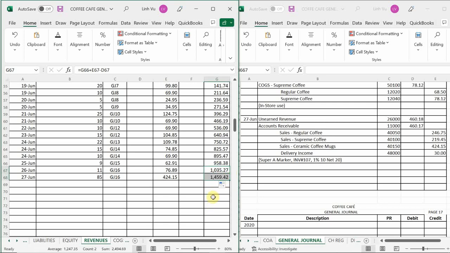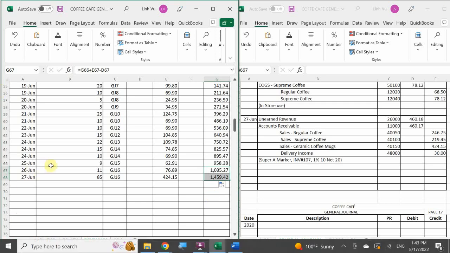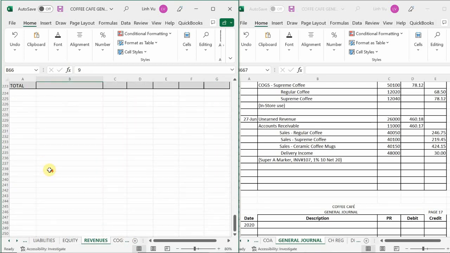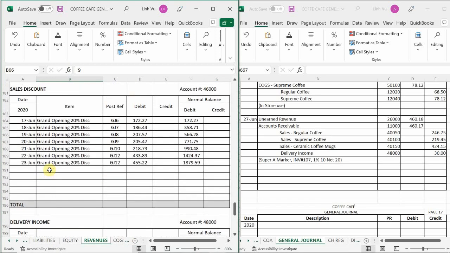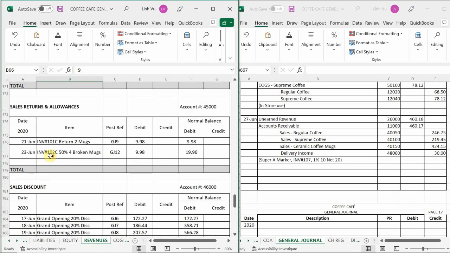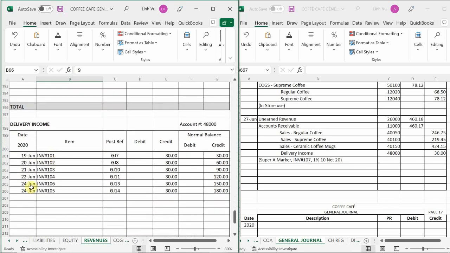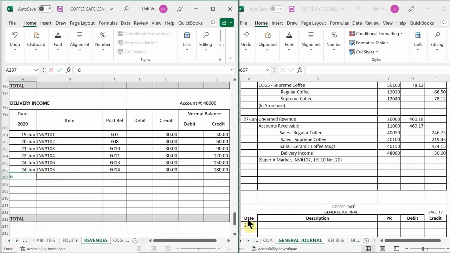Yep, 1459.42. And way down on delivery income. There it is. Invoice 107 on the 27th. Page 16. Another $30, and we're now at 210.